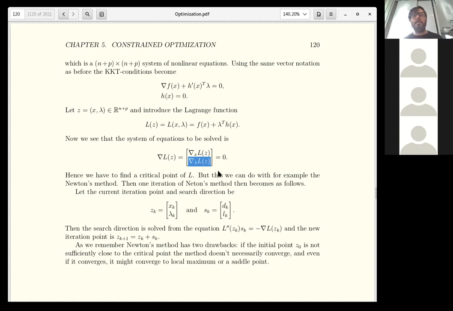In general, the lambda is a vector. In our example, it is a scalar, or you can think of it as a one-dimensional vector. Think of this h as a vector function. So x is a vector, but h, you can have one h, or you can have several h. The dimension of h corresponds to how many equality constraints you have. You may have 1, 2, 3, 4, any number, right?